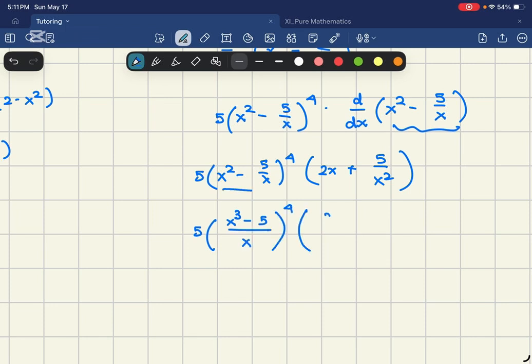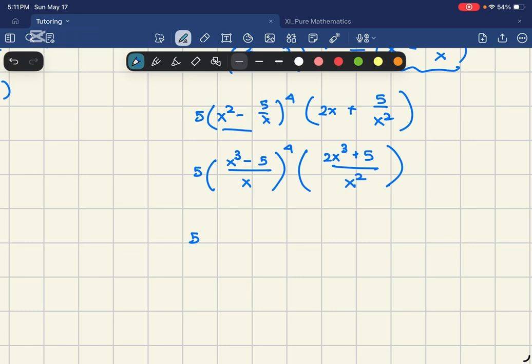And here we have (2x³ + 5)/x². So you have (x³ − 5)^4 (2x³ + 5), and then you have x^4 times x², so this combined will give you x^6. So this is how they have simplified.